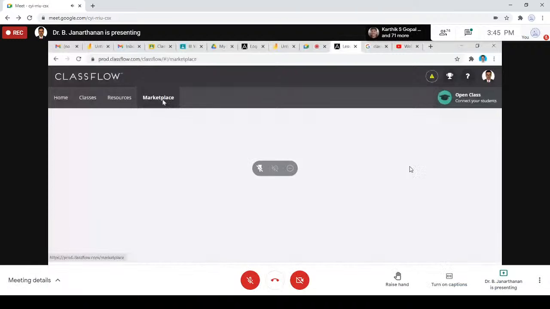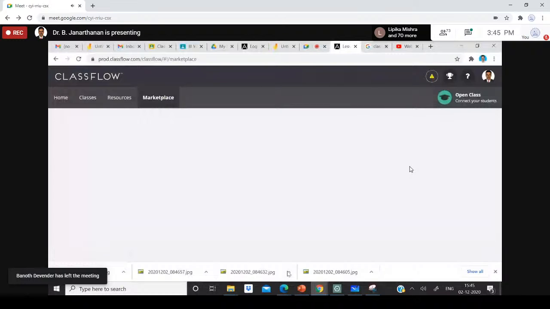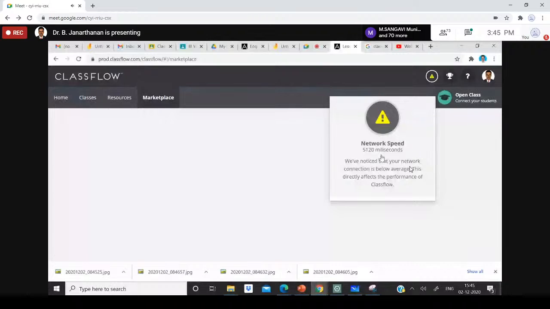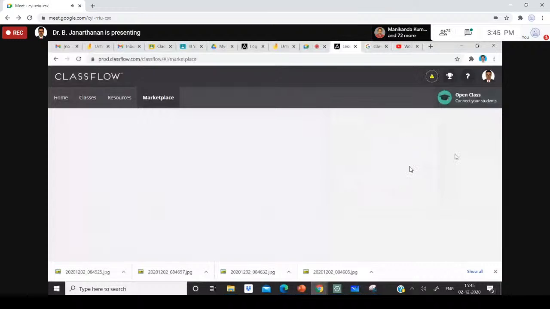I think it is not opening. There is some error in the network speed; my network speed has slowed down, so it is not opening. So this is what I intended to show. I have done some justification.